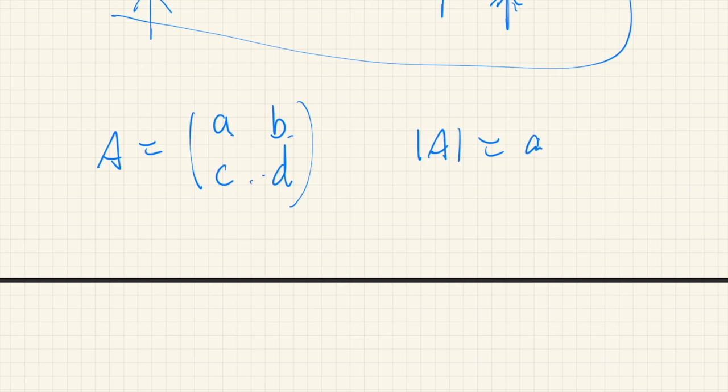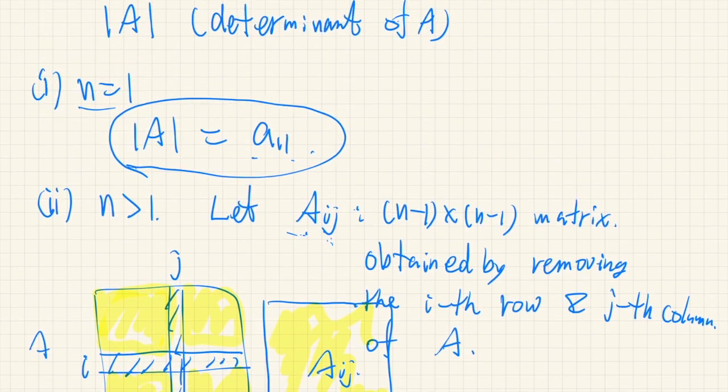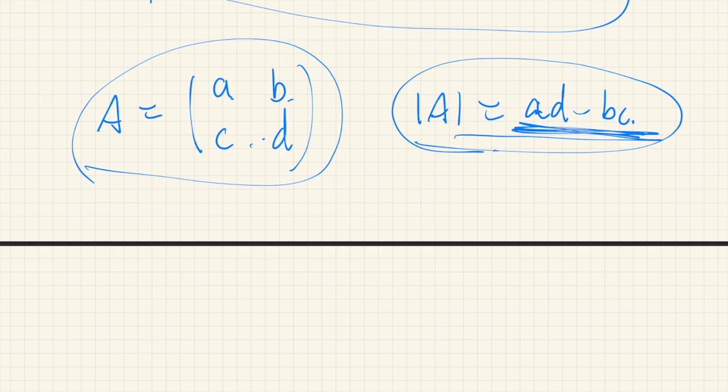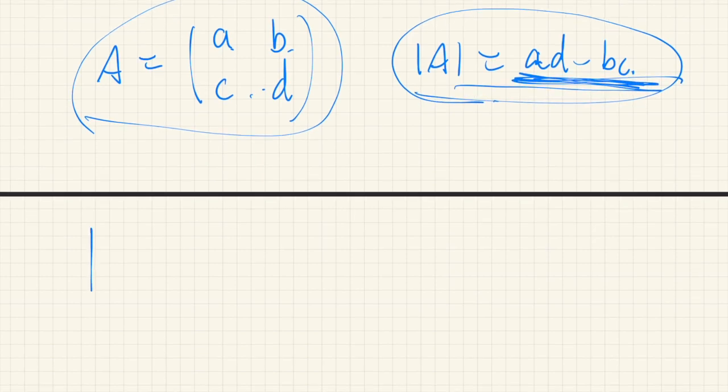So ad minus bc. Okay, so we already know this. But let's apply this definition to calculate the determinant of this and see if it is really equal to this one. Okay, so a, b, c, d is the matrix.